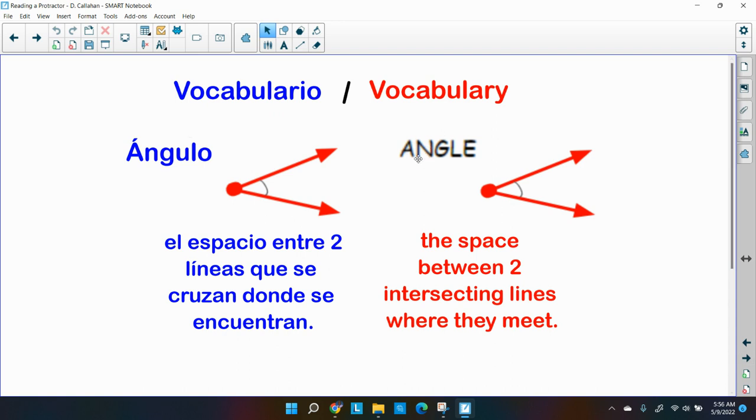Here's some more vocabulary. Here's an angle, the space between two intersecting lines where they meet. So this little black line right here is the space between these two intersecting lines. And notice they intersect right here at the end point. So that would be the angle of measurement that we're talking about.